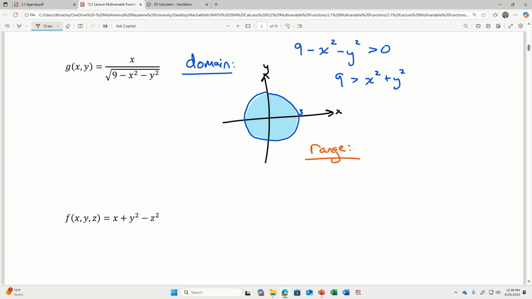You're saying that the range only goes from positive 3 to negative 3? Like in between those?